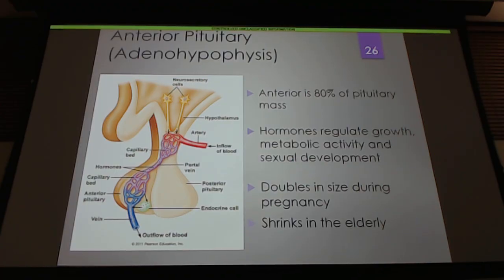And then just fun facts, so it doubles in size during pregnancy, and then as we get older, it shrinks. So how can I use that information clinically? For pregnant people, if they have thyroid disease, hypothyroidism, you think they're probably going to need more hormones when they're pregnant? Yeah, right? It's bigger. And what about our elderly?